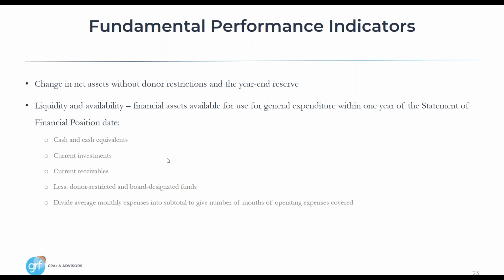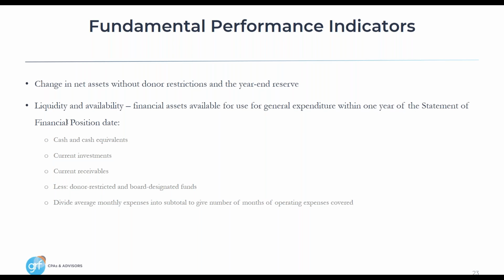Thank you, Walt. I'd like to speak to you now regarding some fundamental performance indicators that you can look for in your audited financial statements. First and foremost, on your statement of activities and change in net assets, you want to look at the change in net assets figure in the without donor restrictions column.